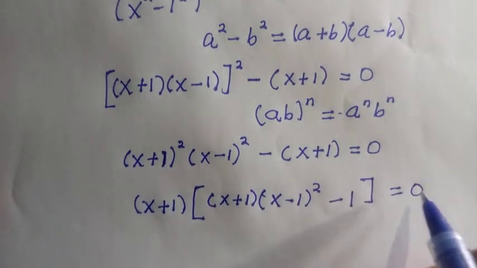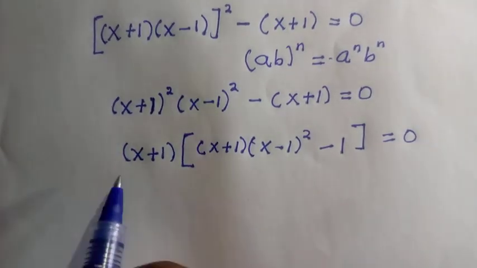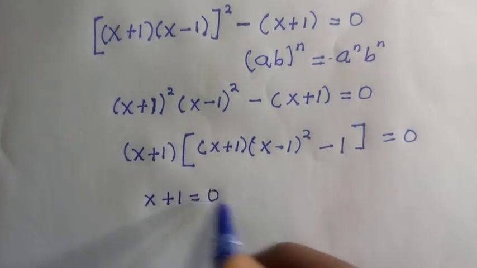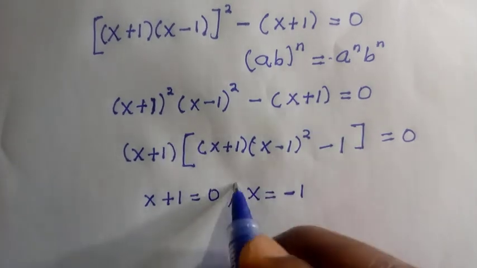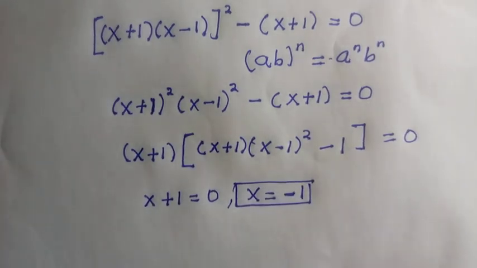Then everything equals 0. It means that we are going to let x plus 1 equals 0. Therefore, x equals minus 1, which is the first solution.